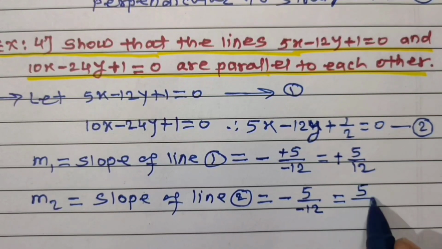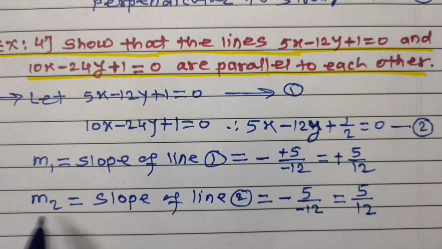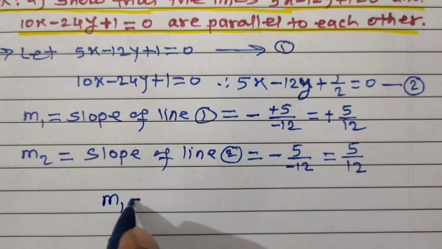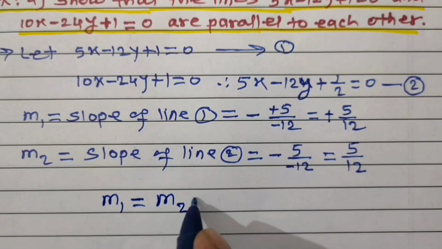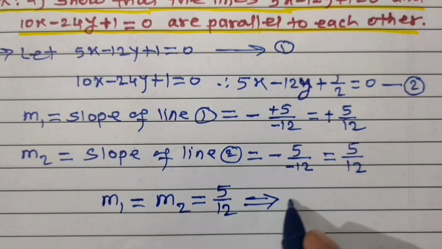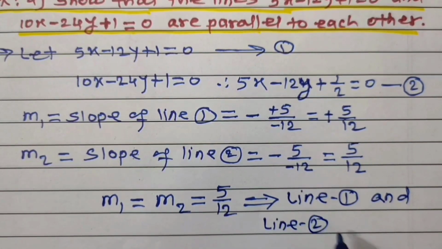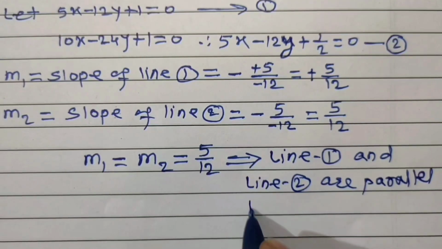This is equal to 5 upon 12. m1 is 5 upon 12, m2 is also 5 upon 12. Hence m1 is equal to m2 is equal to 5 upon 12. This implies straight line 1 and straight line 2 are parallel to each other.